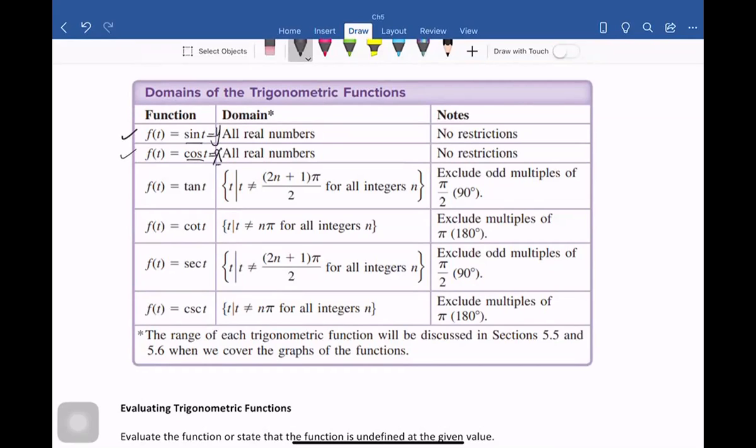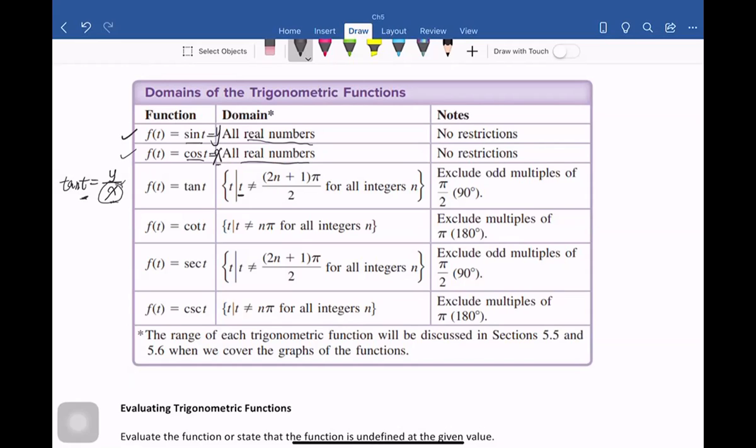There's no denominator, so t can be all real numbers, no restrictions. But for tangent, t equals y over x. If t makes x equal 0, that's undefined.